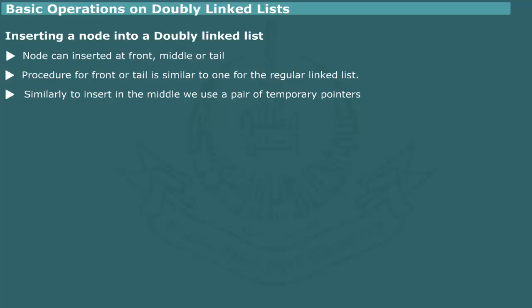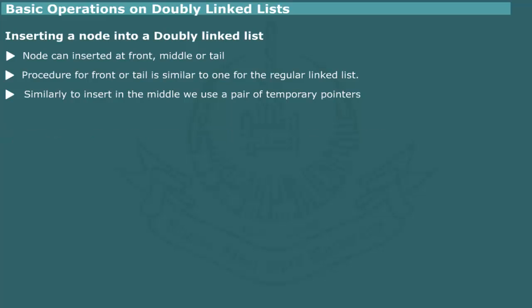We use a pair of temporary pointers to scan the list. The second pointer trails behind the front pointer. Thus, when the scan pointer points to the given node, which will be preceded by the new node, the second pointer points to the immediate predecessor of the given node.